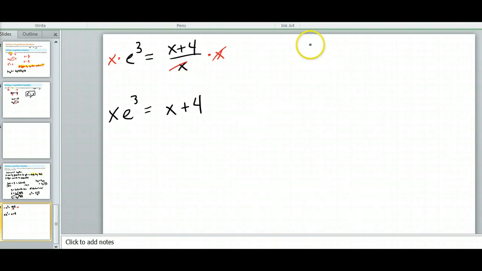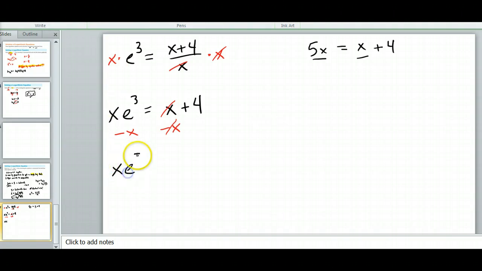And how would I solve an equation if it was 5x equals x plus 4? I'd group the x's together on one side and leave the constants on the other. That's exactly what I'm going to do here. I'm going to group these x's together on one side, the constants on the other, and so I've got x e cubed minus x equals 4.